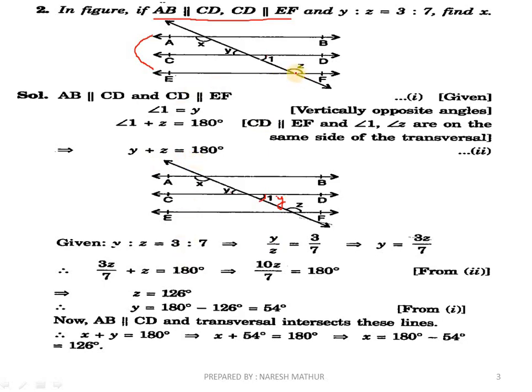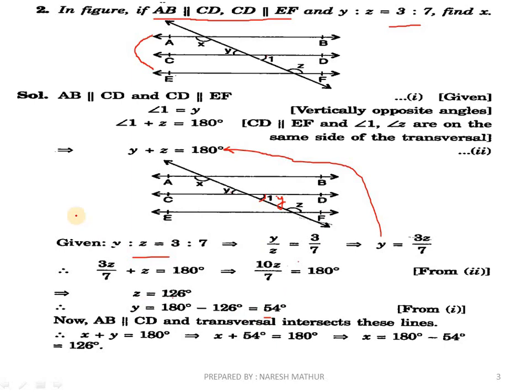Now we are given Y and Z in the ratio of 3:7, so we can write Y by Z equals 3/7. From here we get Y equals 3Z by 7, and we can put this value of Y in the equation so that we can get the value of Z. So we get Z equals 126 and Y equals 54.